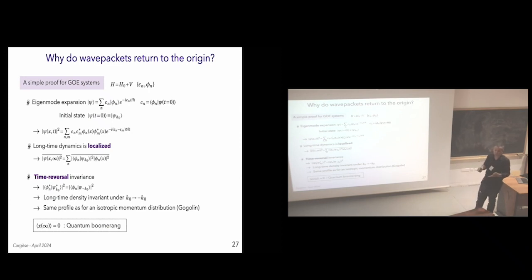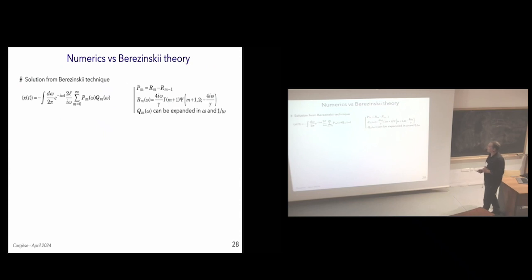And it's the same as the distribution you would get for an isotropic momentum distribution, namely the Gogolin distribution, which has a zero center of mass. So we just proved, just by a decomposition on localized states, that wave packets should come back to the origin at long times, and the argument, in passing, is true in any dimension.